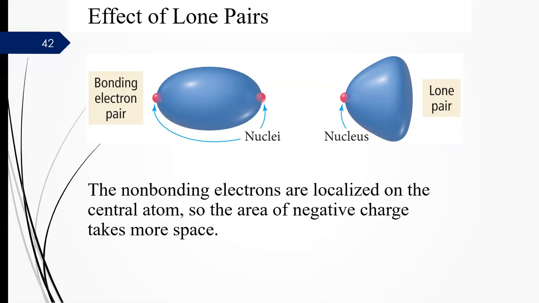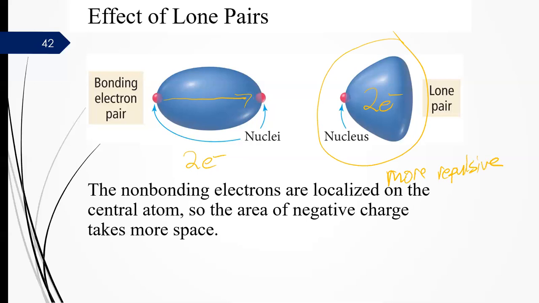On the other hand, when we have non-bonding ones, this one over here on the right with a lone pair, we have the same number of electrons, still 2 electrons, but now instead of being spread out evenly between the two nuclei, it's centered just around that central atom. So it's taking that same amount of charge, but squishing it down into a smaller amount of space. And so this is why it's more repulsive than our bonding ones.